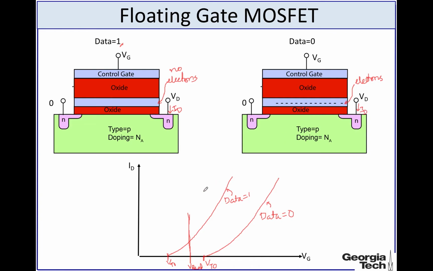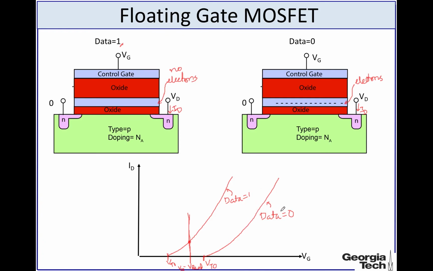Alright. So if the data value is 1, then applying a V read voltage at the gate, so Vg equals V read, if the data value is 1, you will measure a current through the device. In other words, in this case, because the gate voltage is larger than the threshold voltage, you will measure a sizable amount of current that flows through this floating gate MOSFET when the data is 1.